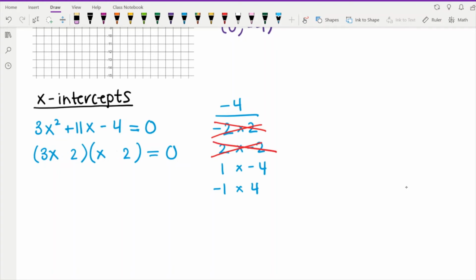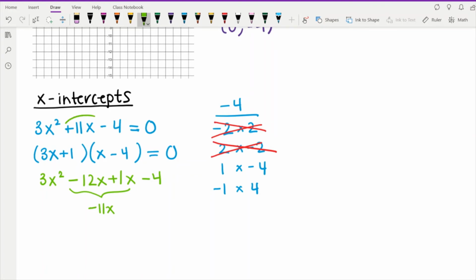So next up, we can try a -1 plus 4 or +1 minus 4. Let's do the +1 minus 4 and see how that goes. So this would give us 3x squared minus 12x plus 1x minus 4. And so that would give us a middle term of -11x, right?